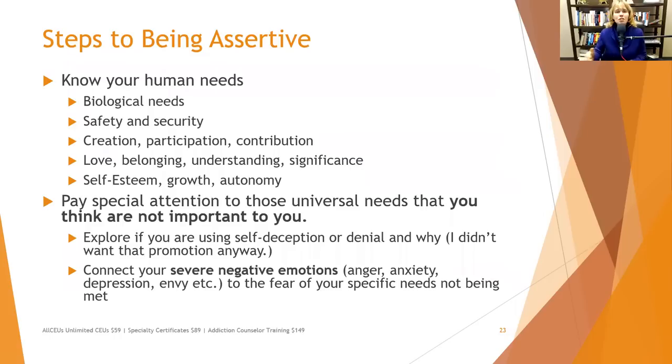So we have people look at these, because when they're not getting these needs met is when they tend to respond with less than assertive behaviors. When they realize these and are more cognizant, then they'll understand where that fight or flight reaction might be coming from, and they can address it more assertively.